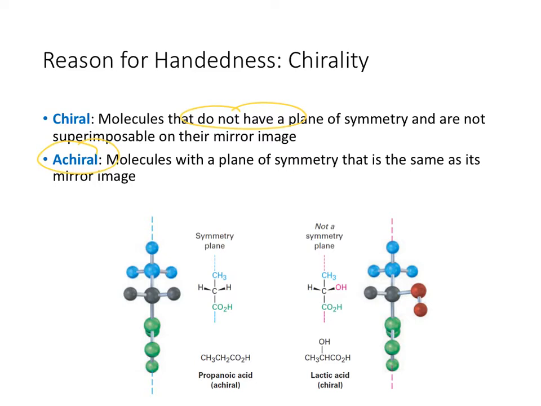If we look at these two molecules, here if we cut this molecule right down the center, we can see that the hydrogens on the left and the right mirror each other, so there is a plane of symmetry. However, if I cut this molecule right down the center, then we have a hydrogen on one side and an OH on the other, so there is not symmetry in that molecule.